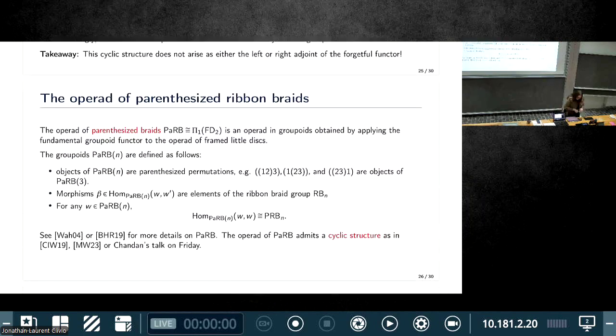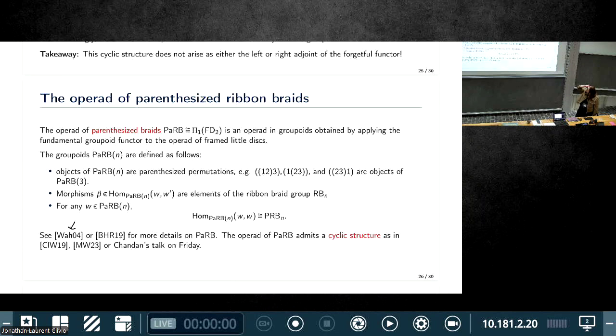Similarly, one that we will use is the groupoid model. This is the parenthesized ribbon braids. Oh, and I just noticed, I made at least one citation error, it's to the wrong paper originally, but anyway, I'll fix that later.